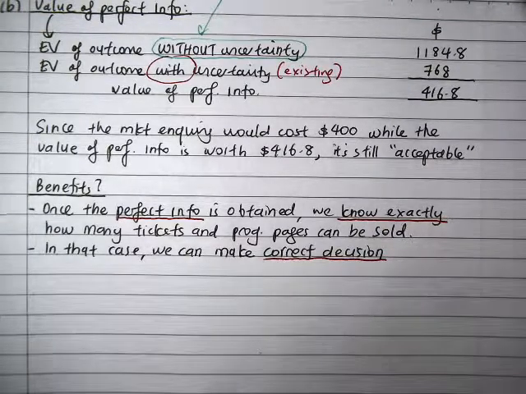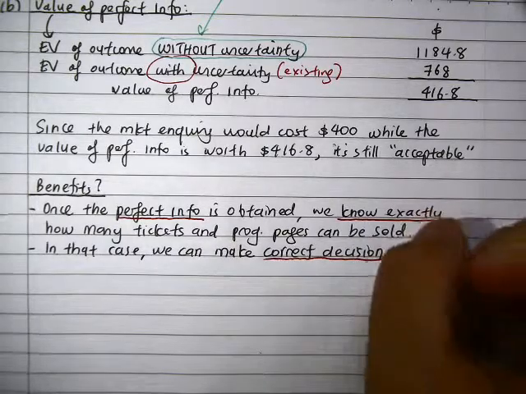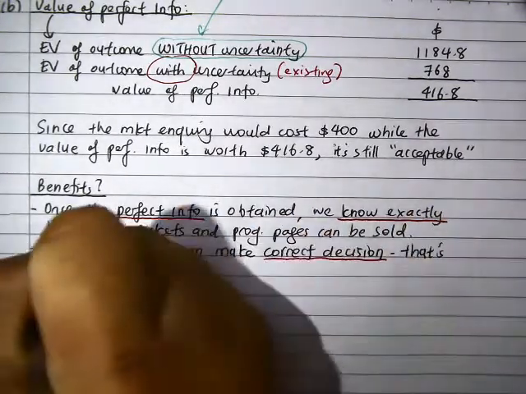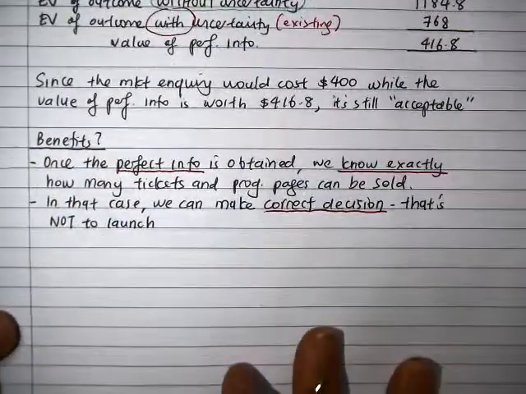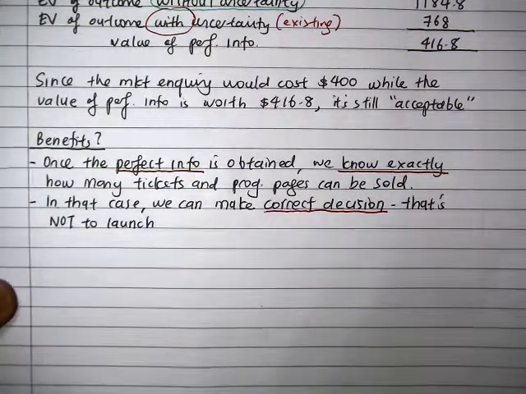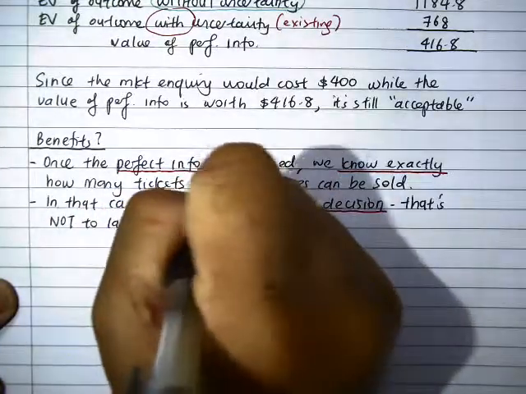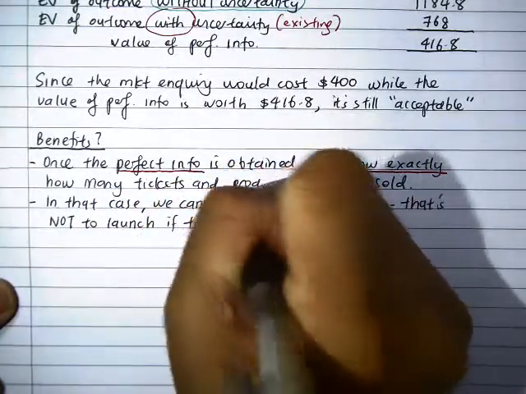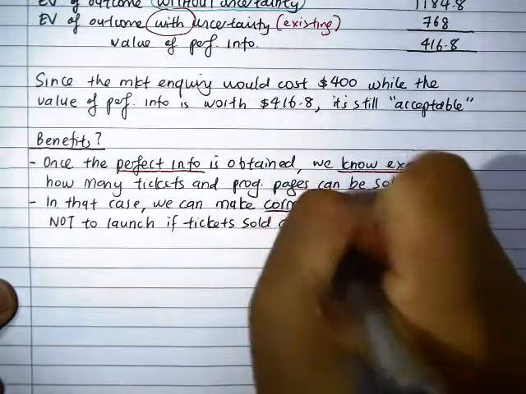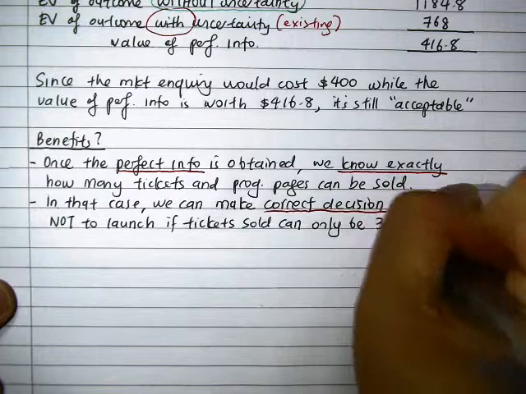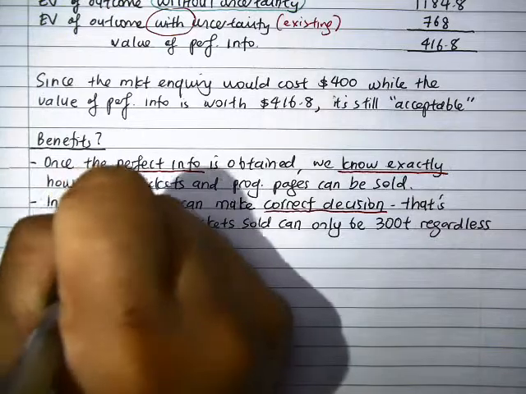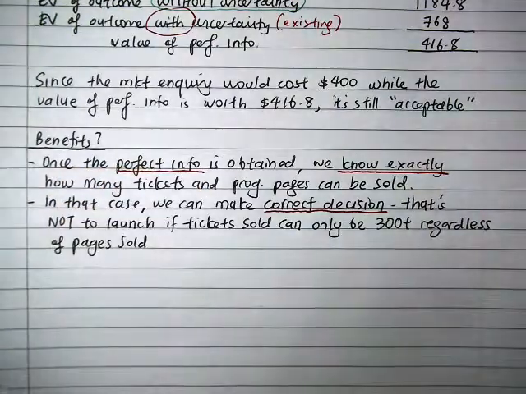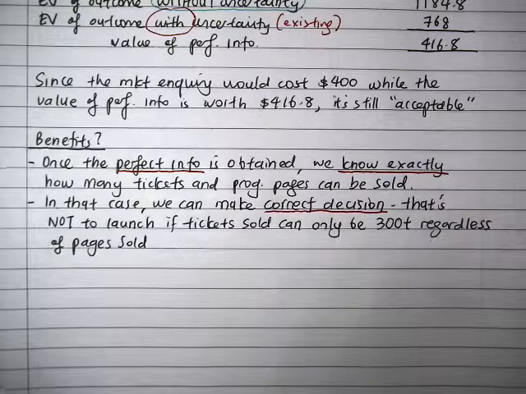So what's the correct decision? That is not to launch. Okay? If the ticket sold can only be 300 tickets, regardless of the pages sold, because that one all 4 make losses one.